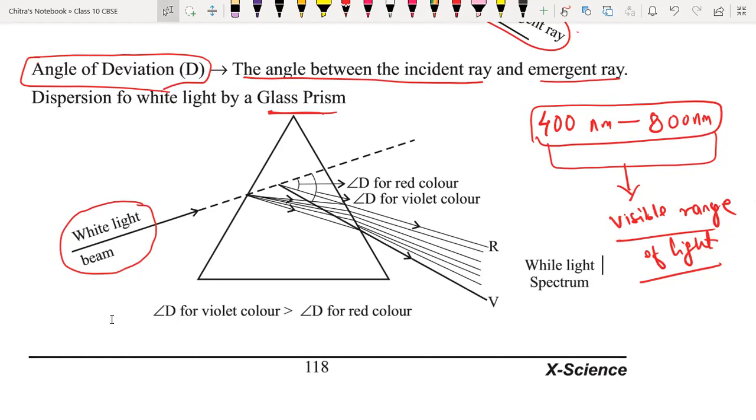When white light enters the prism, we know white light contains all 7 colors. Which are they?